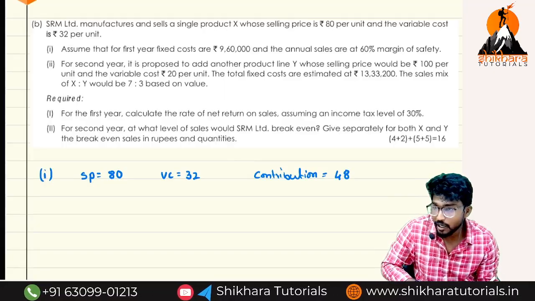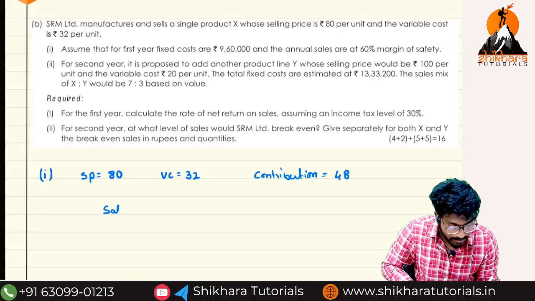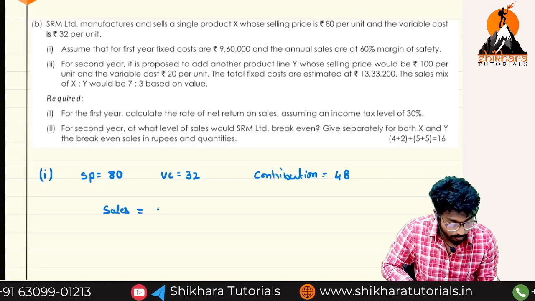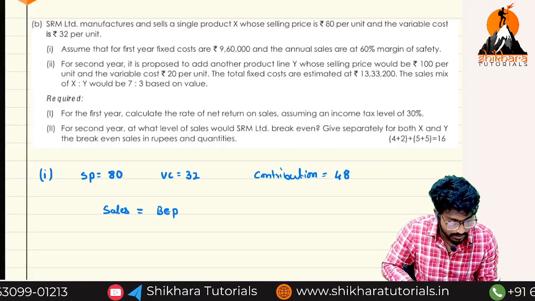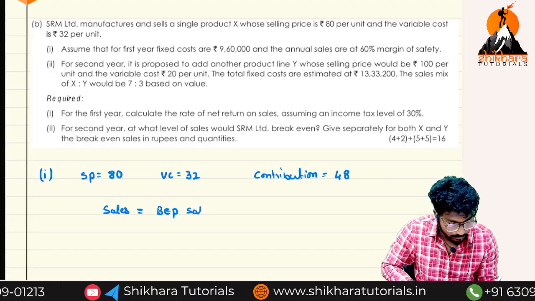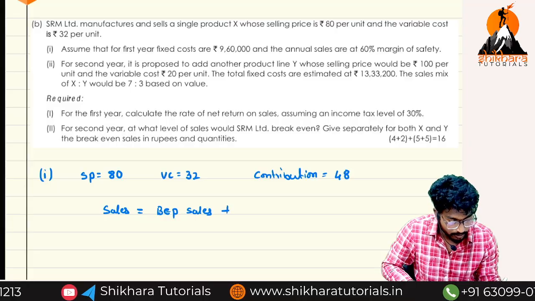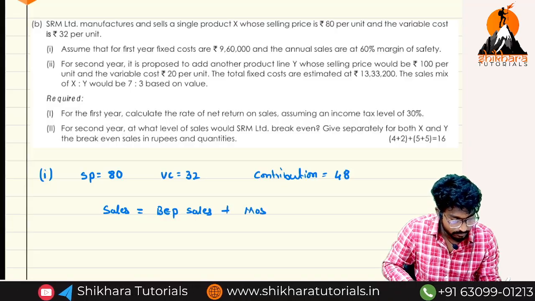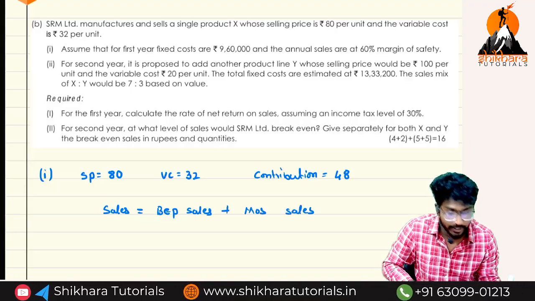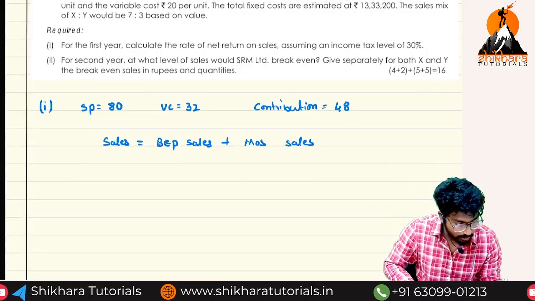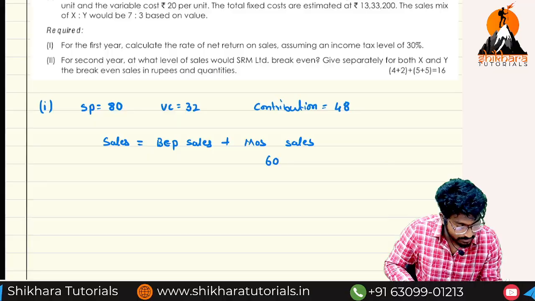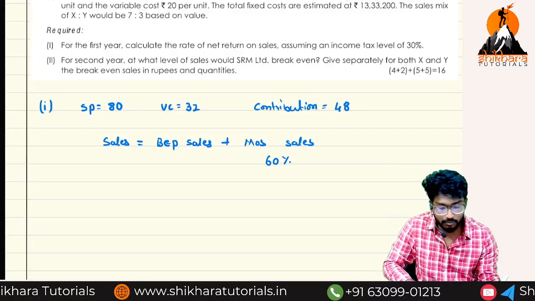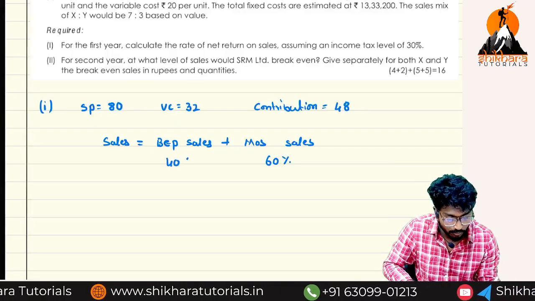60%. Now we all know sales is equals to BEP sales plus MOS sales. Am I right? Now this MOS sales are at how much percent, Nana? 60%. Now BEP sales is equals to how much? 40%.